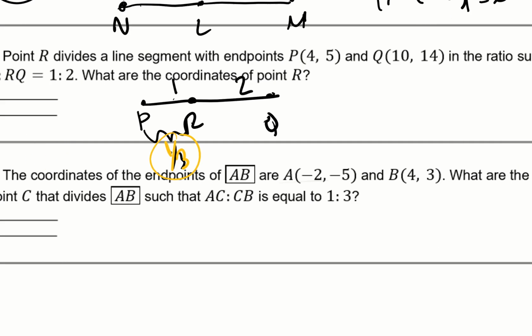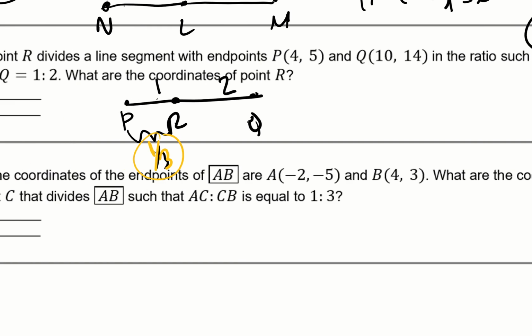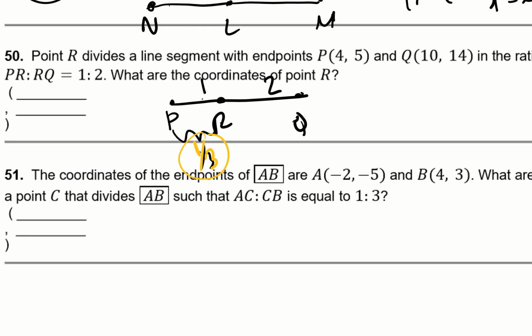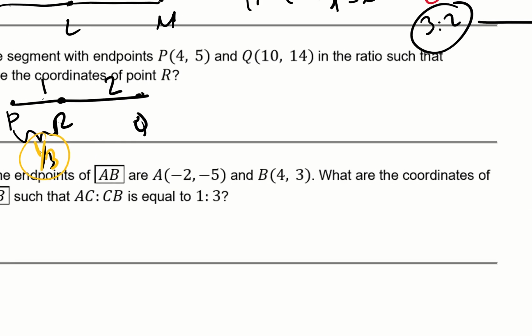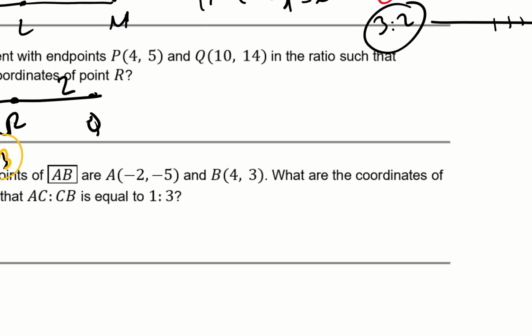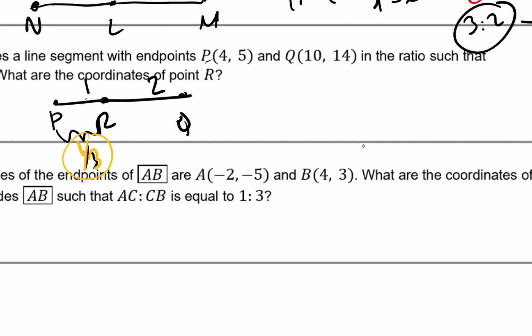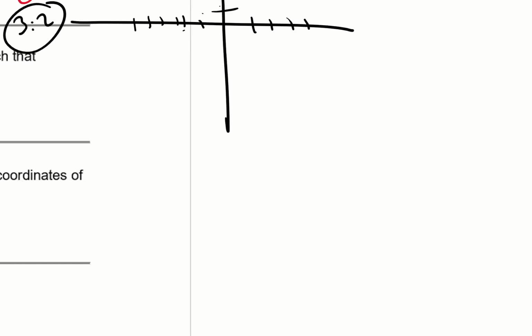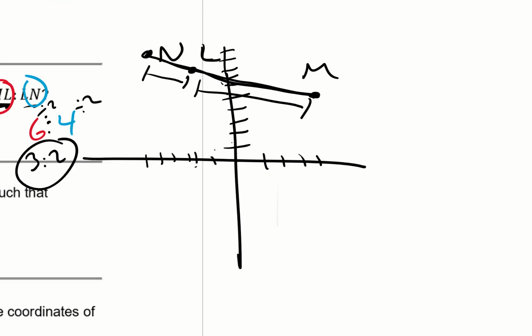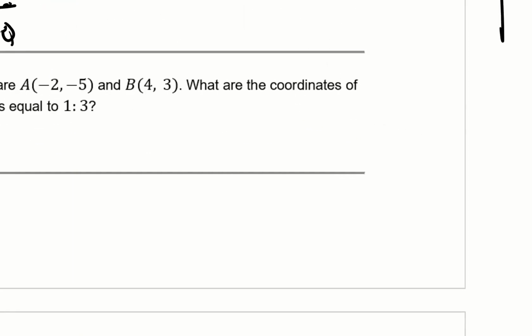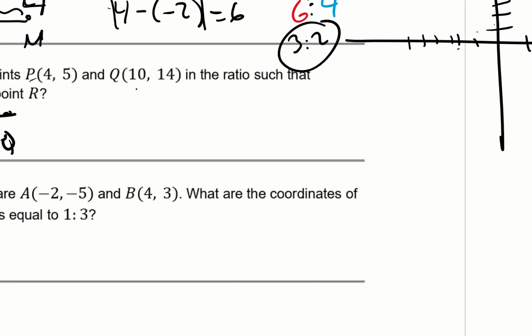Now, to find the coordinates of R, we're going to have to find the distance from P to Q in the X direction and in the Y direction. So, okay, we know the fraction is 1/3. What is the distance in the X direction? What I'm going to do is quickly draw the coordinates here, (4, 5) and (10, 14).